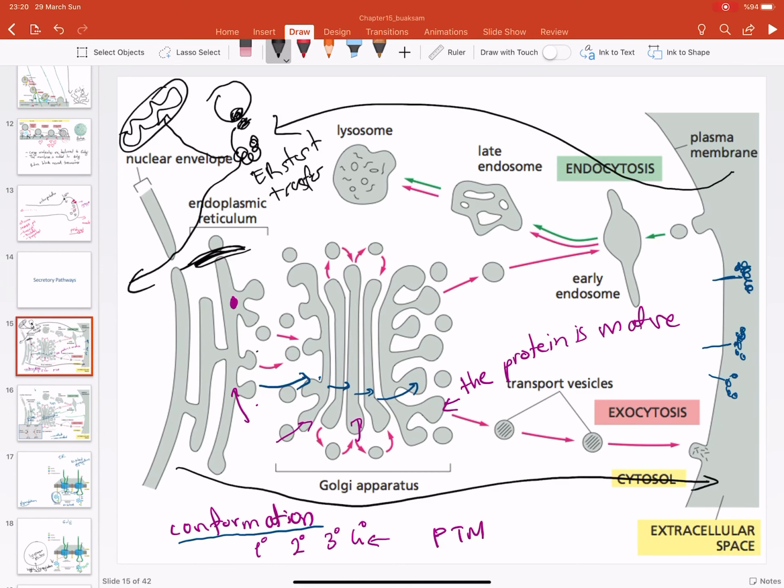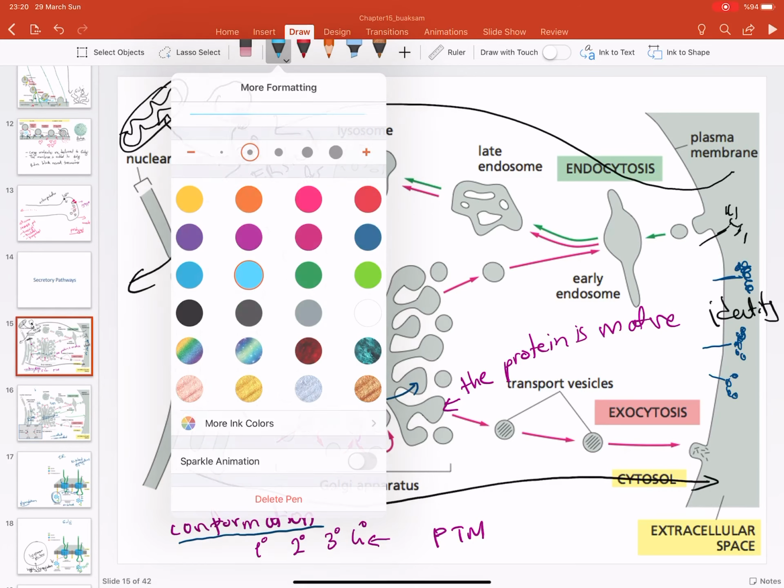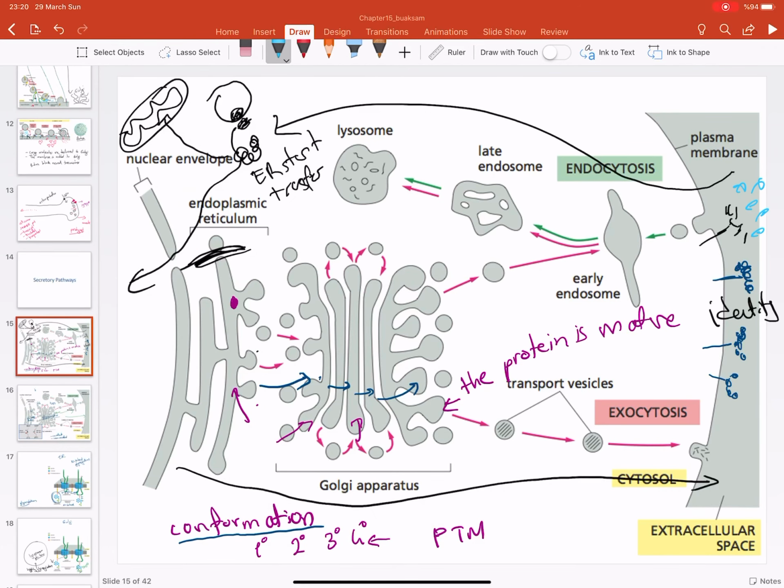Also, I said that it gives the identity of the cell, but not only that, it gives physical protection. These glycosyl groups interact with lots of water. The water molecules make the friction low, so it becomes kind of slimy. You know the slime that children play with.